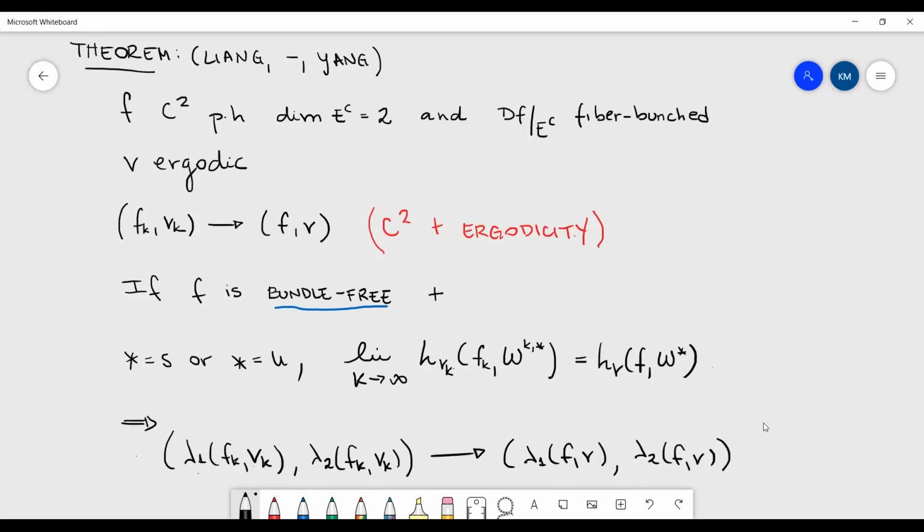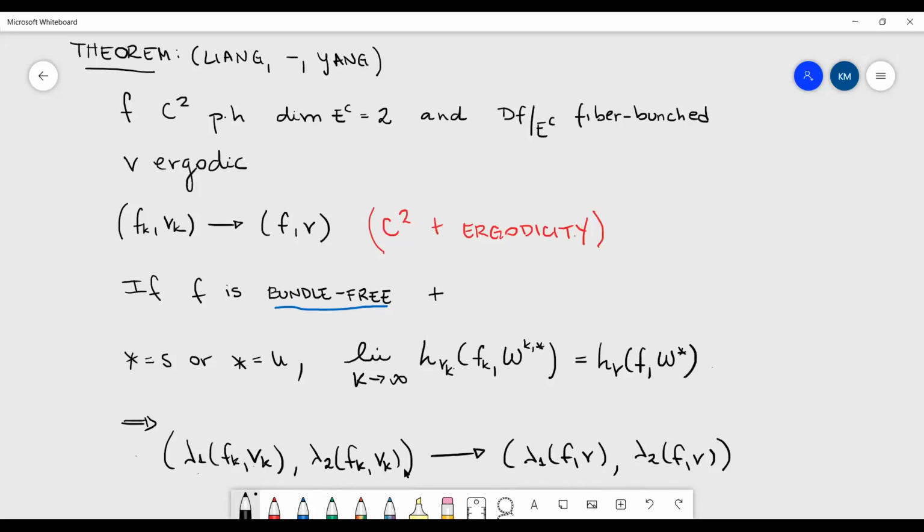And I think that a better way to express this, think that you have this measure being hyperbolic. Imagine that these center Lyapunov exponents are different from zero. Then in this hypothesis, you can guarantee that there exists k big enough that everything here is going to be hyperbolic also.